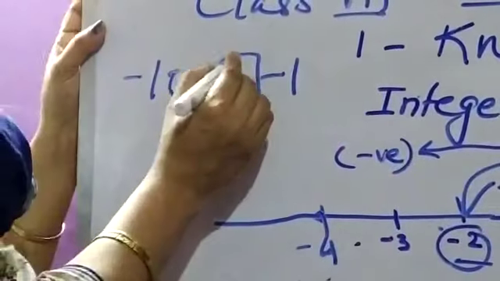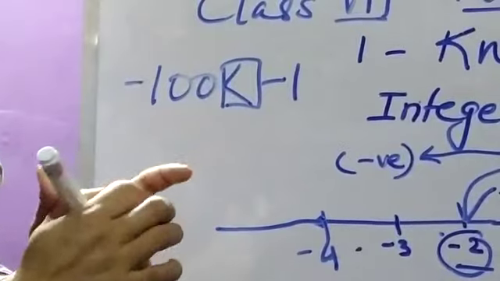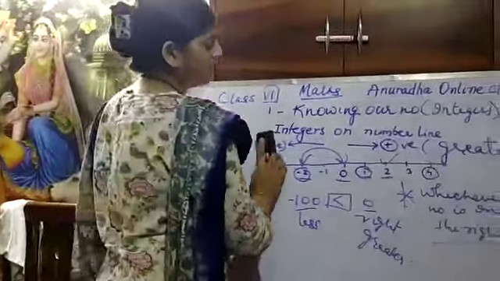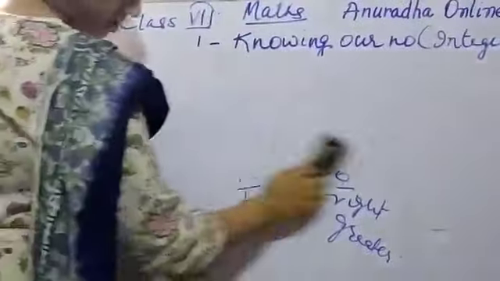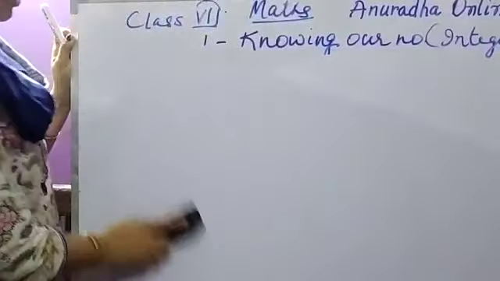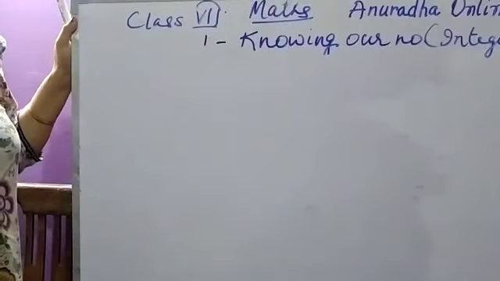So minus 1 is greater than minus 100. Okay. Is this point clear to you? So the number line, I think, must be clear to you. If you are having any problem, just write it down in the comments and I will tell you in the next video.